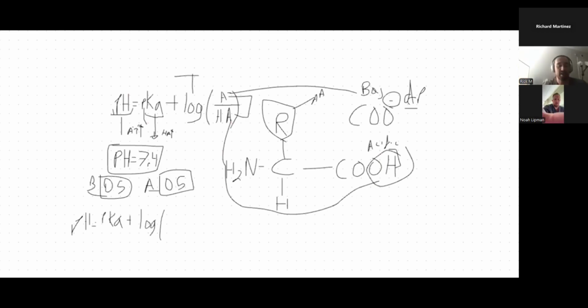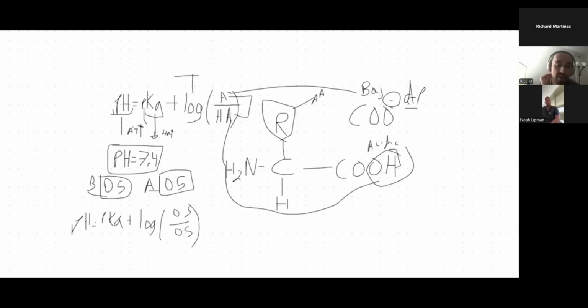Okay, so then now we have the base on top, 0.5. Worst 0.5 in history that anyone's ever drawn out. And then we got 0.5 on the bottom, the acid. Remember, we don't need to be math majors. We don't need to be knowing logarithms off the top of our head.